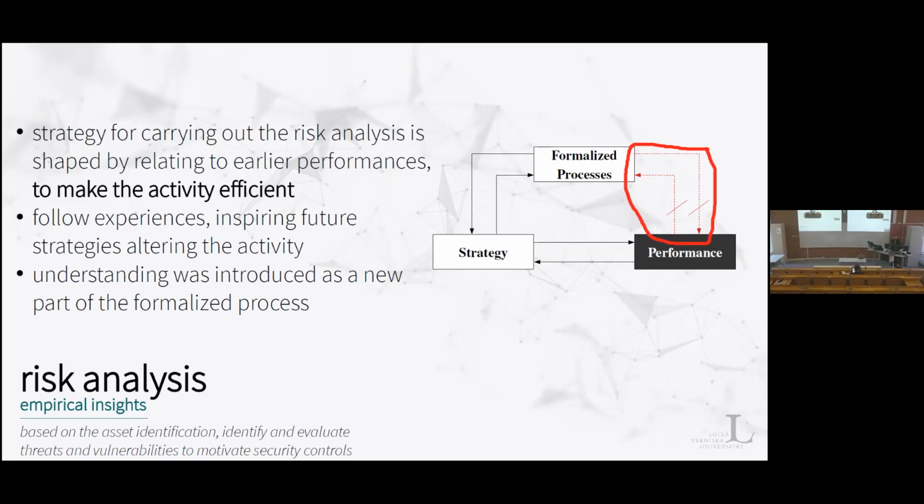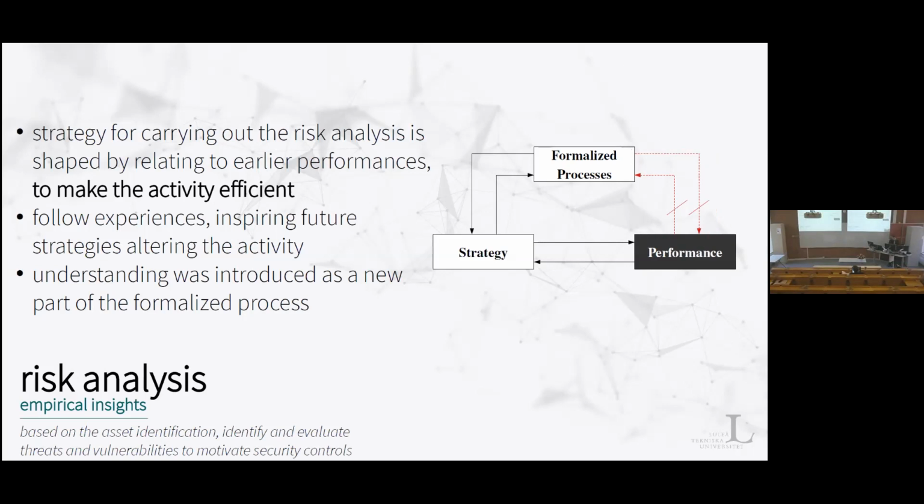Instead of basing the implementation on the existing process, since they came to see that there are similar threats that keep on occurring, this inspired them to formulate another idea, another strategy for how to go about doing this. So it came to change.